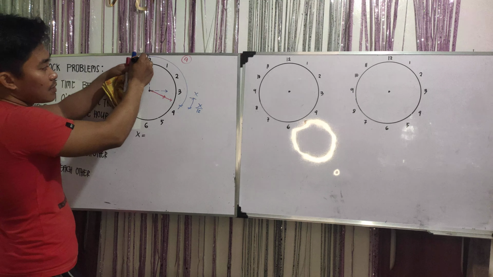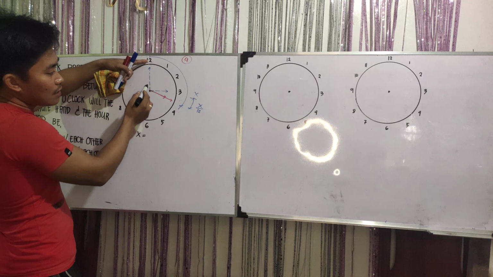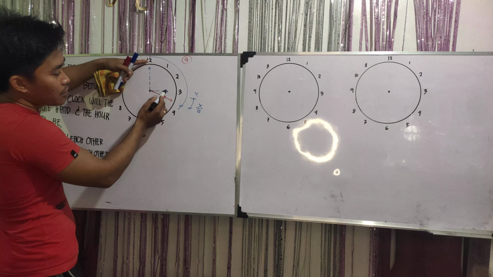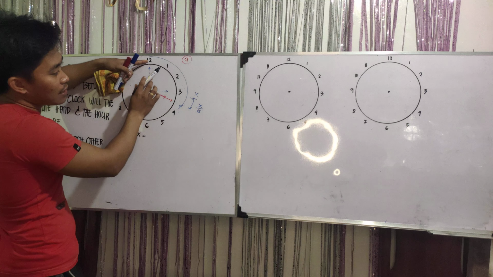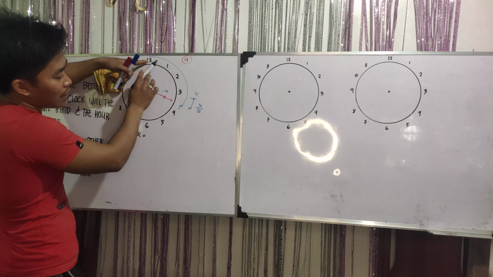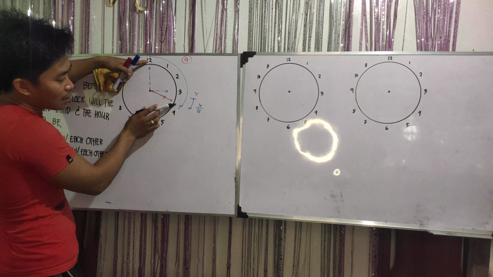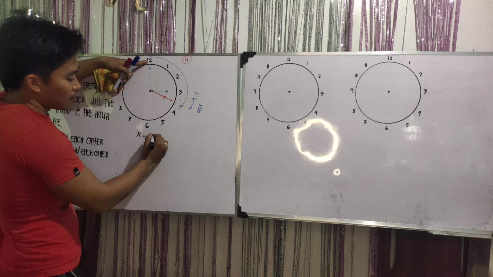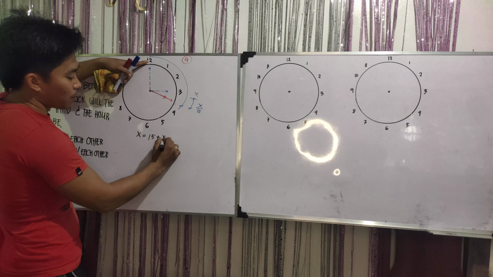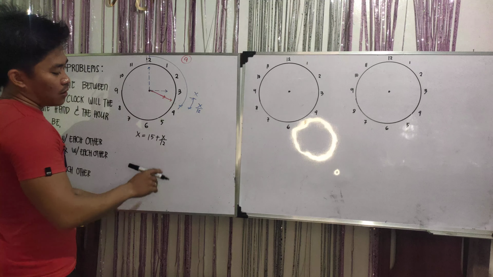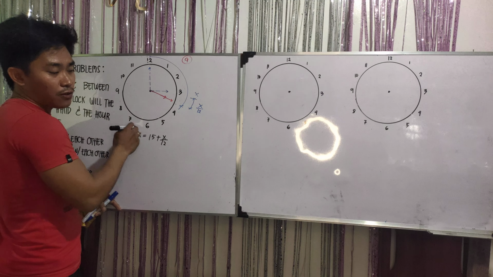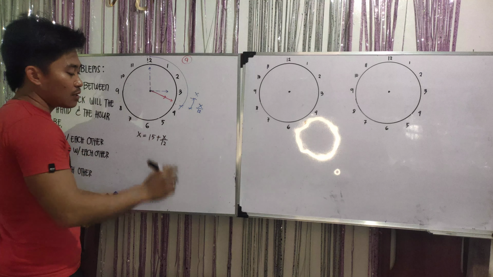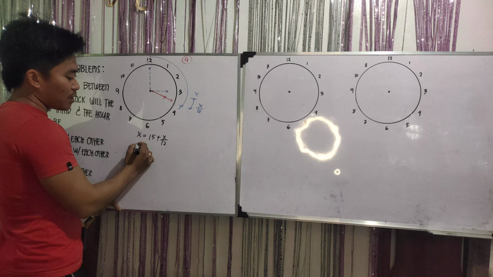Again, if this is X, and this is 90 degrees, of course, automatically 90 degrees is 15 minutes: 5, 10, 15. So, X is just 15 plus X over 12. A single variable can be solved by just a single equation, so you can solve for X.